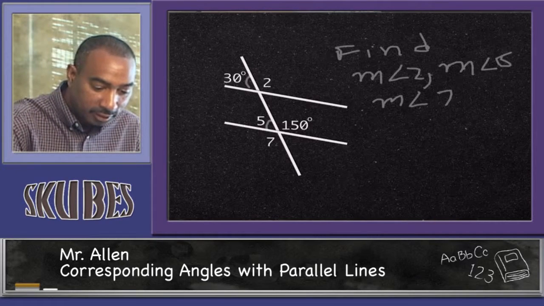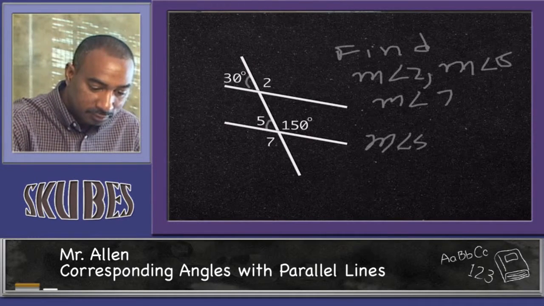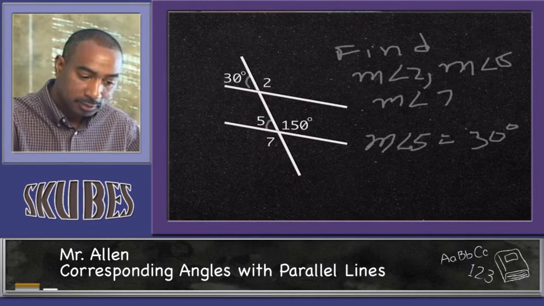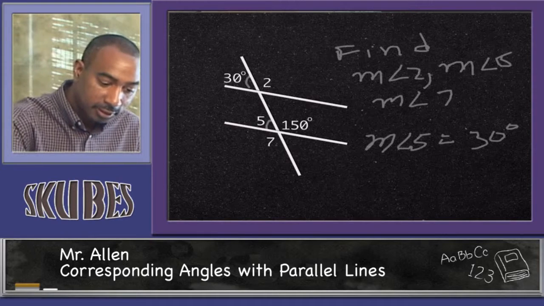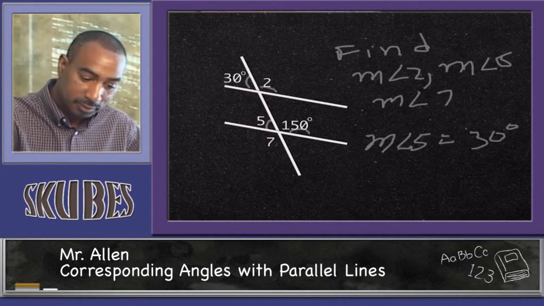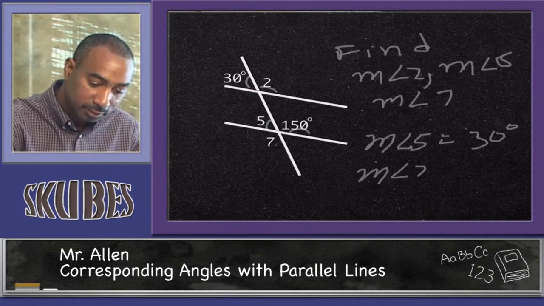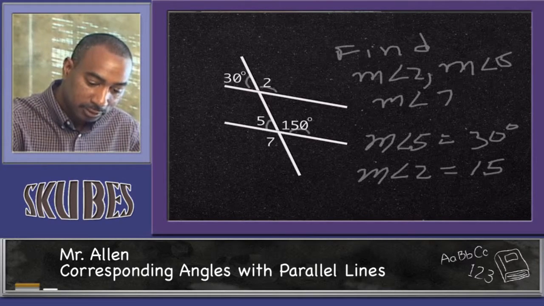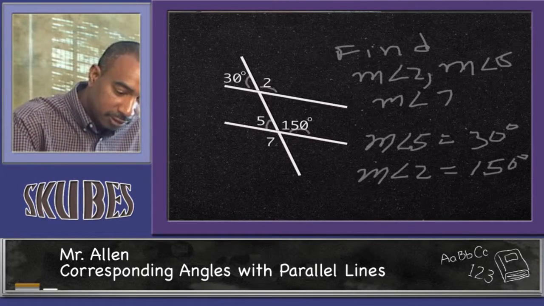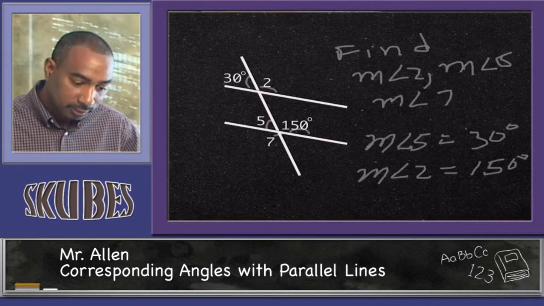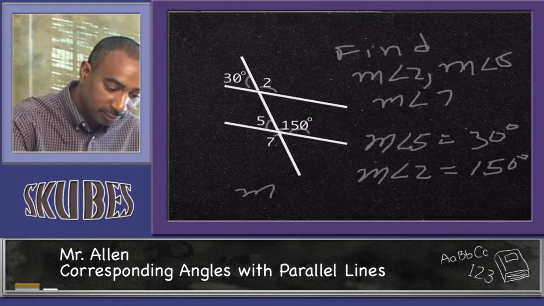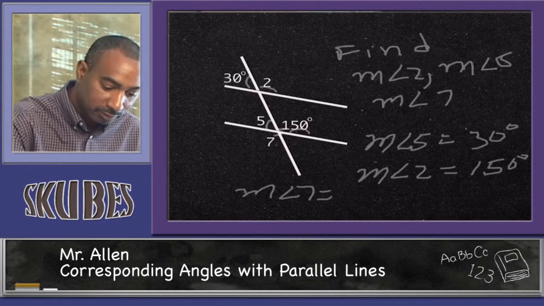So right away, I know that the measurement of angle 5 must equal 30 degrees. And I notice that this angle corresponds too. So I know the measurement of angle 2 must be 150 degrees. Angle 7 is a vertical angle to 150. So the measurement of angle 7 must equal 150.